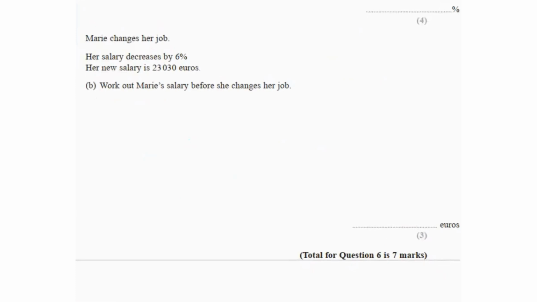Then Mary changes her job. Her salary decreases by 6%. Her new salary is 23,030 euros. We need to work out her salary before she changed her job. So if it's decreased by 6%, that means the new salary represents 94% of the old salary, X being the old salary.